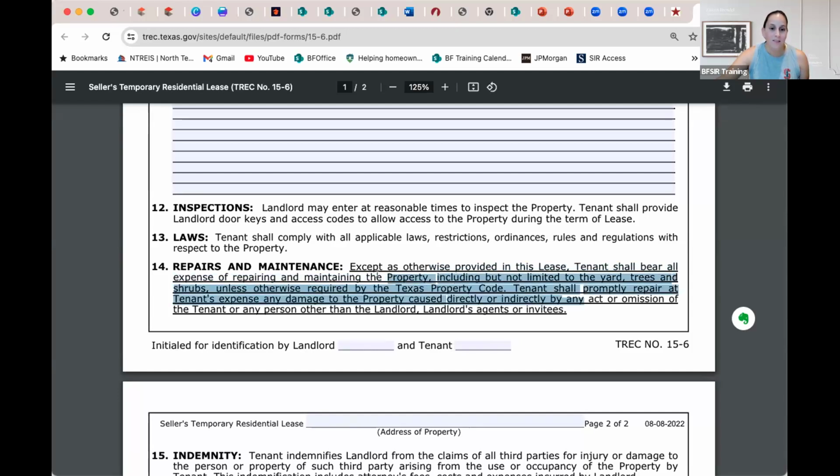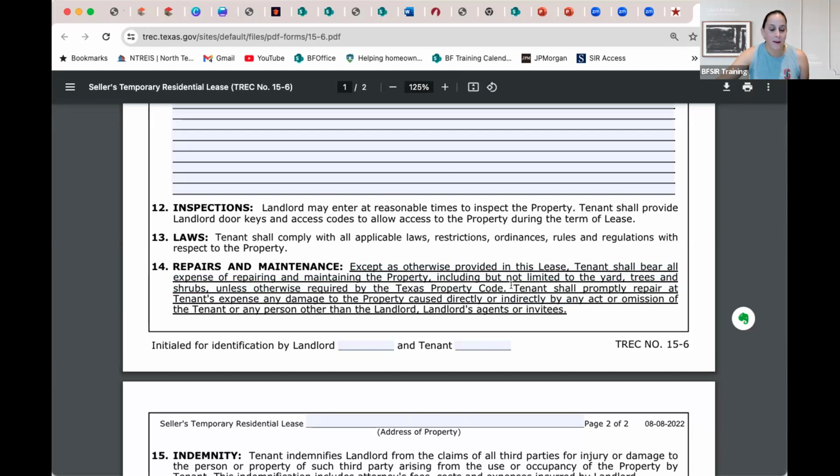So this is where the risk is, guys, right? If the seller has a two-month leaseback and the air conditioning breaks, whose responsibility is that? Well, tenant shall bear all expense of repairing and maintaining the property, including but not limited to the yard.